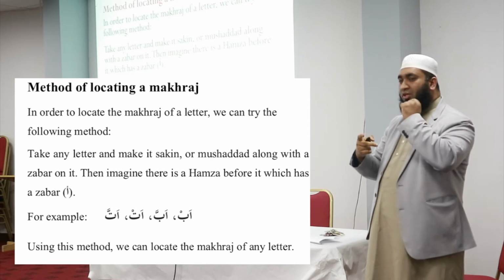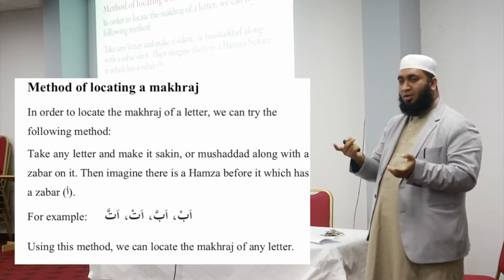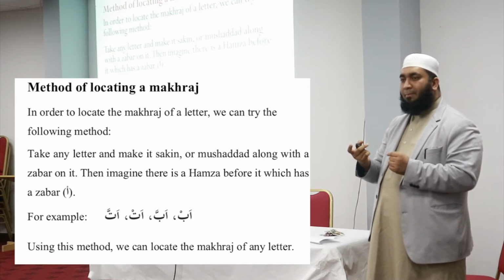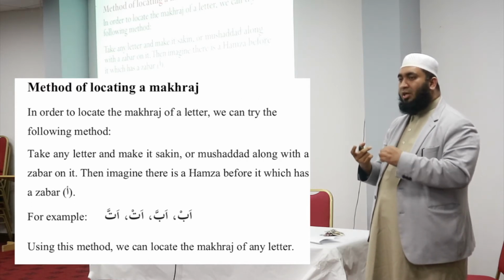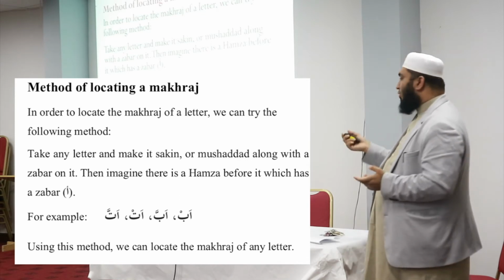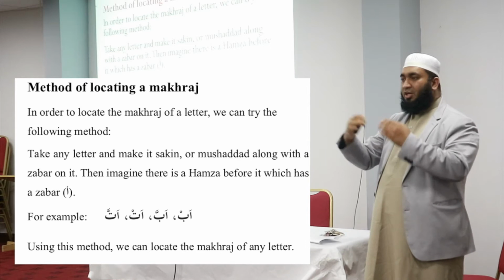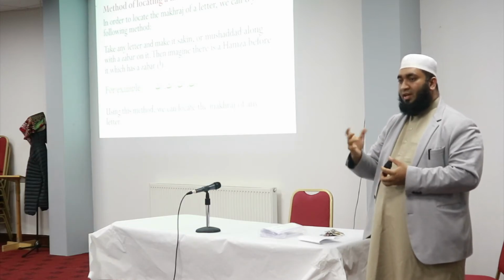We don't need teeth, gum or tongue, just 2 lips. So you can see that we just need the 2 lips to pronounce this ba. So this is an easy way of finding out the makhraj of a letter.